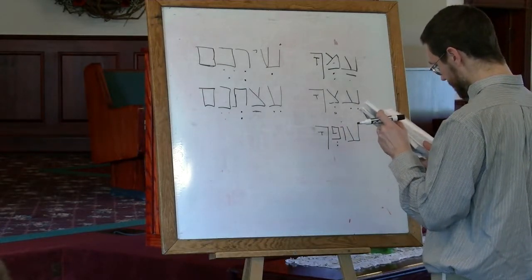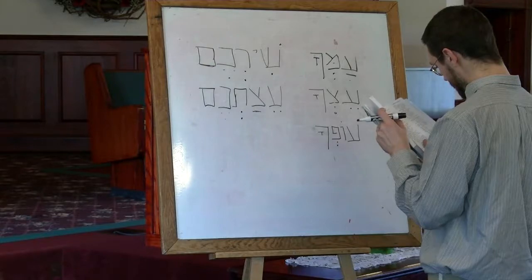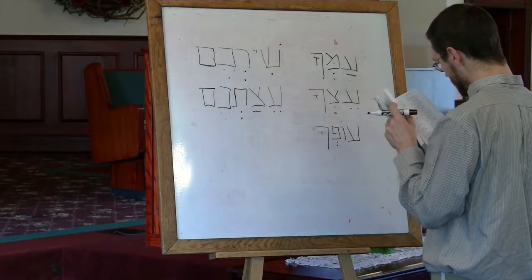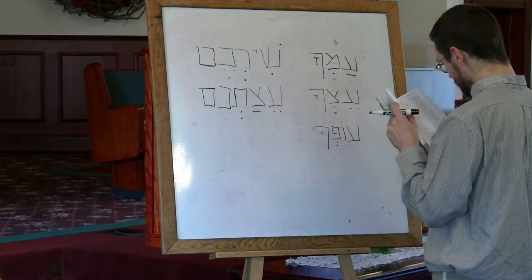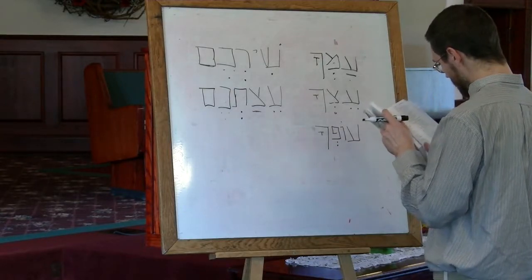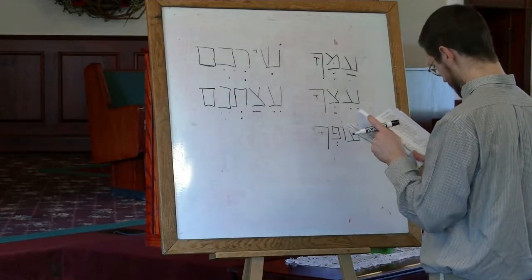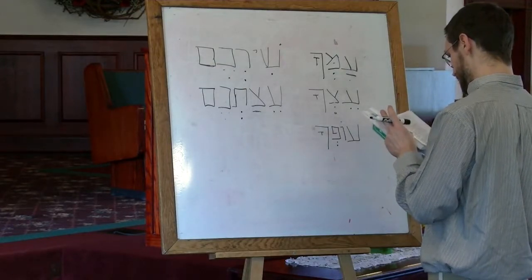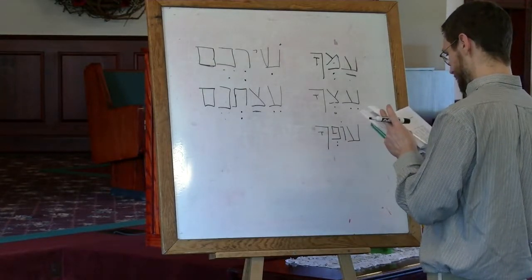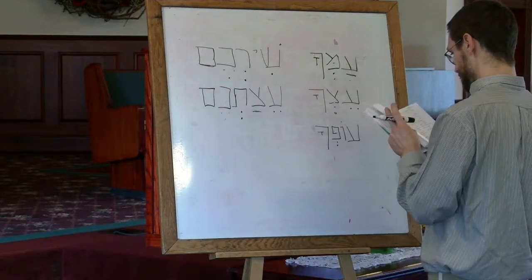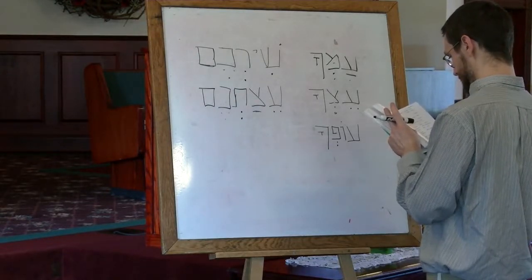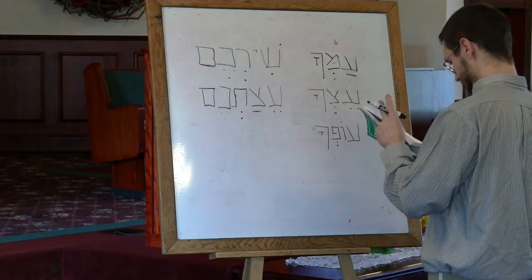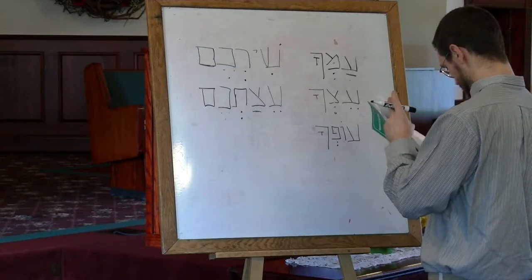Eitzah, counsel, advice. Okay. And notice it says after that A54. So that's appendix A54. So go to appendix A, which is all the noun types, and 54, which is actually on page 297.